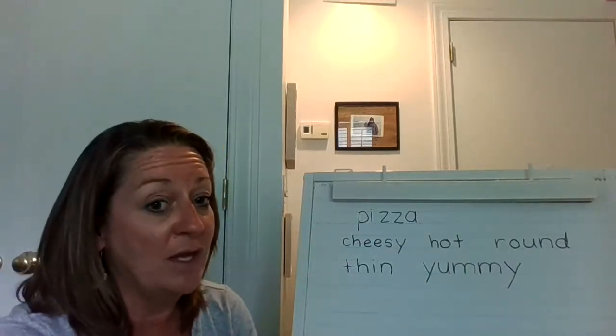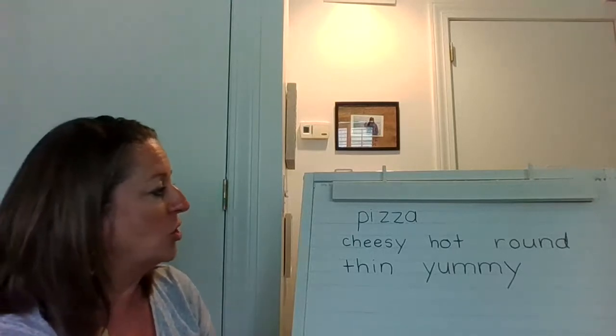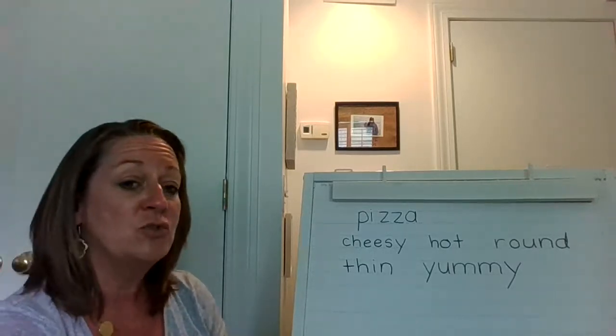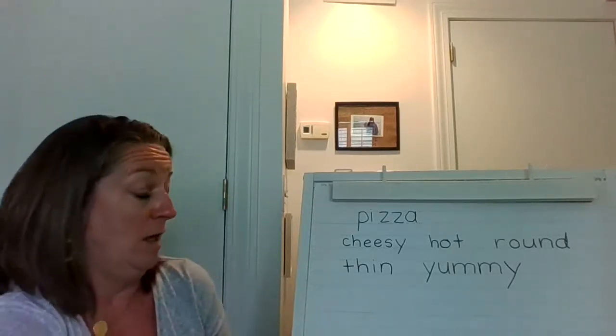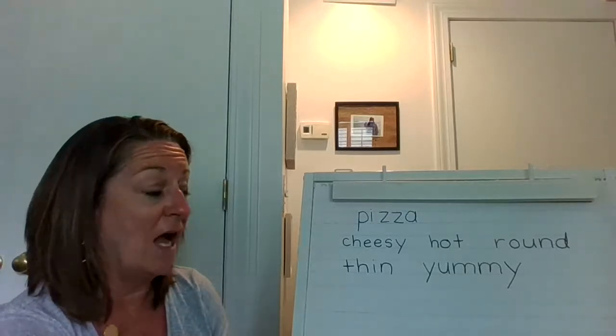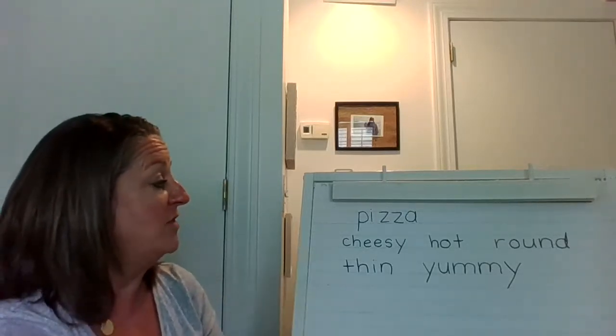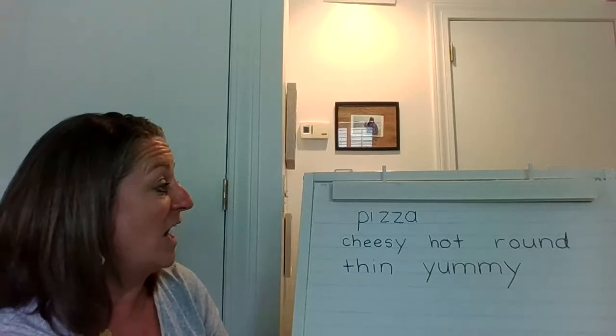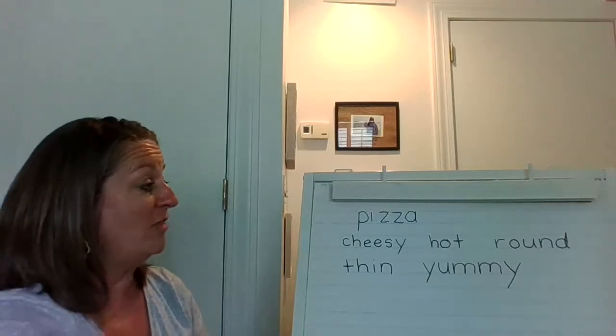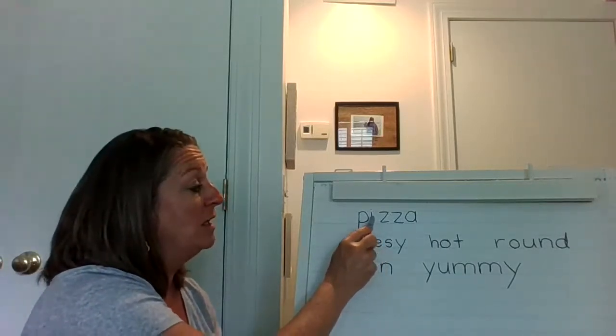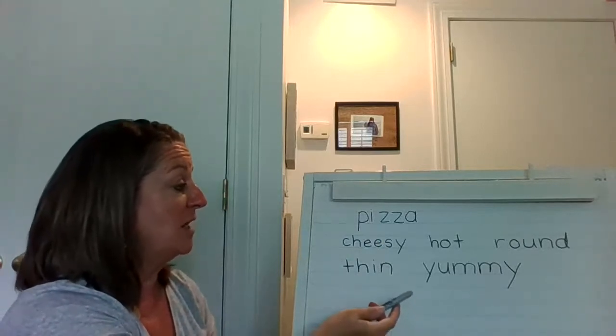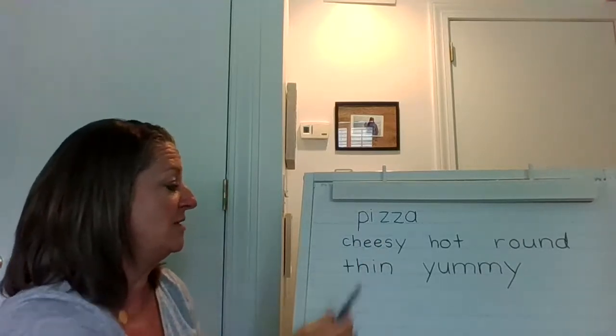Okay, so here we go. I'm going to start writing my story about pizza. How should I begin? I should think about which one of these adjectives I want to start with. I think I'm going to use pizza, obviously, as my topic, and then I'm going to use cheesy.